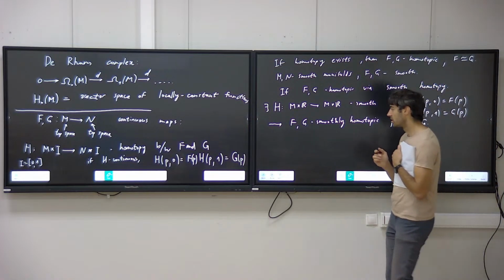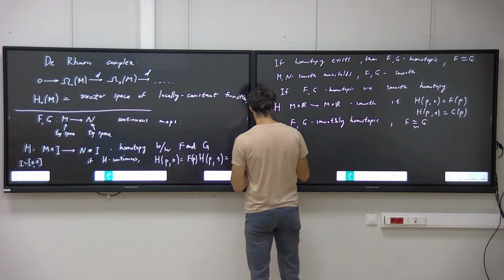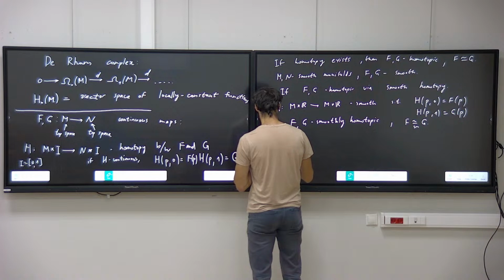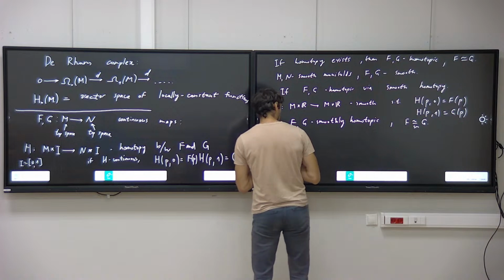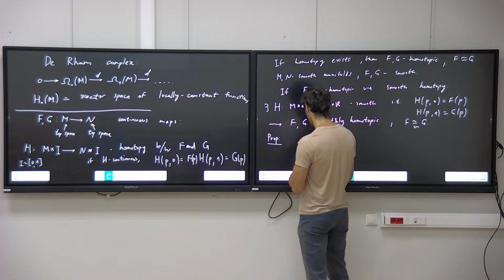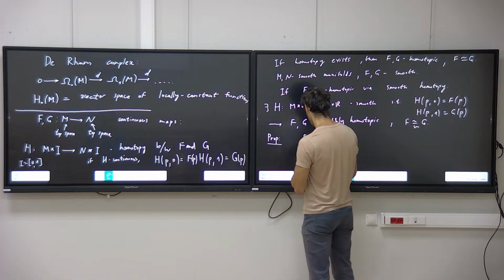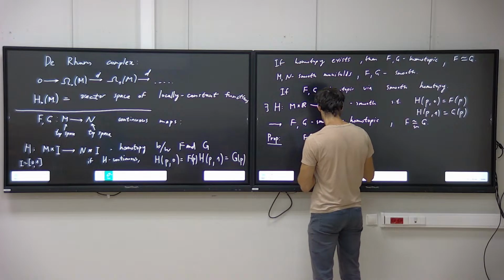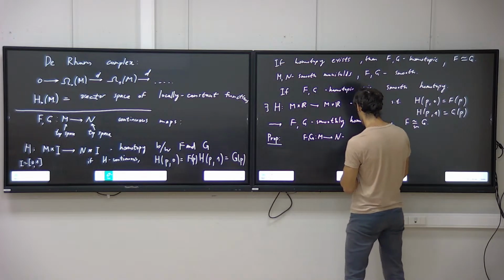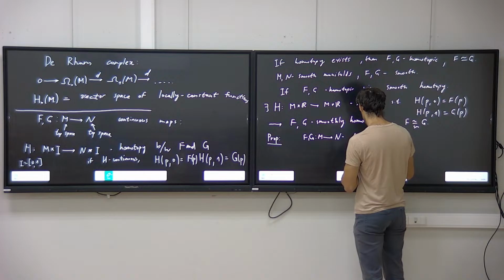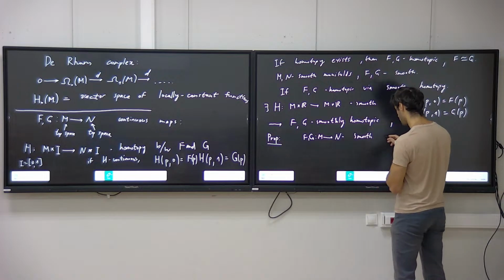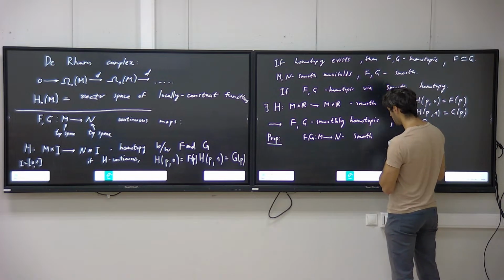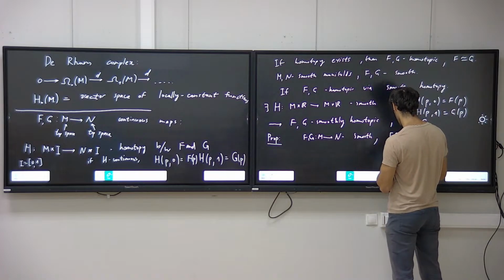And then the proposition that was formulated last time is that suppose that I have two maps, f and g, from M to N, so these are smooth maps between smooth manifolds, and suppose that they are smoothly homotopic.